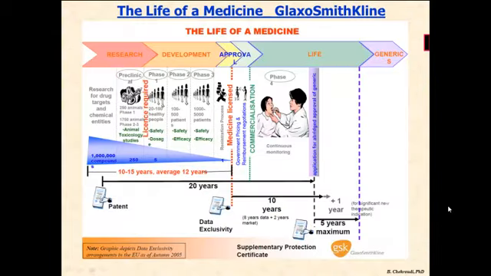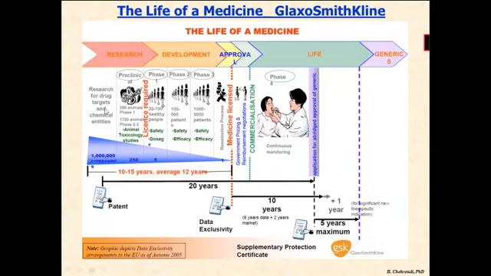Now, it's also nice to see an example of the whole process in the medical industry. Here is an example of Life of a Medicine by GlaxoSmithKline. You start with research and then development, there is going to be approval, and there's a life of this, and then generics come.